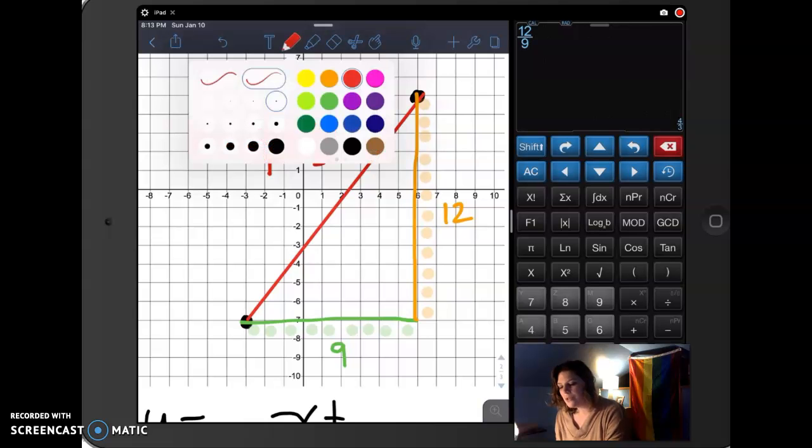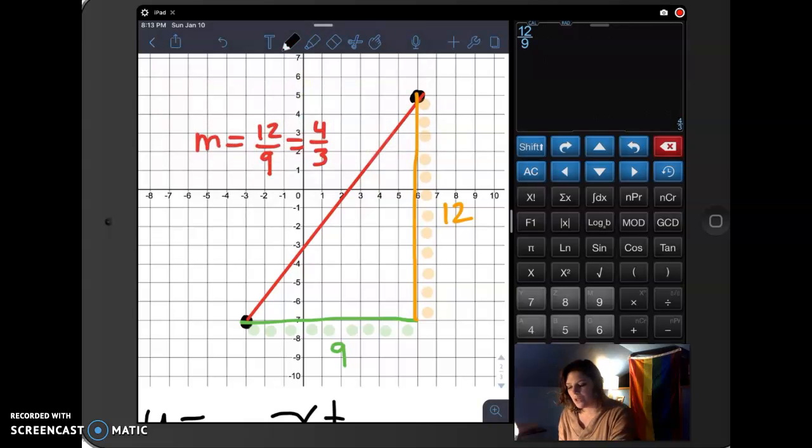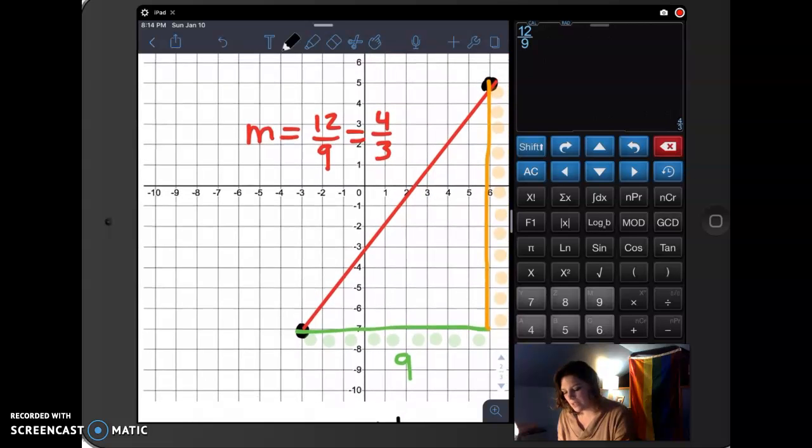So we're going to use 4/3 for our rise over run. That means I'm going to go up 4: 1, 2, 3, 4. And I'm going to go over 3, and that shows me officially that b is equal to -3.